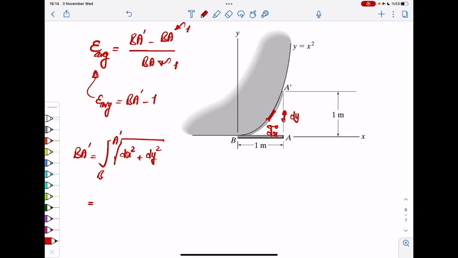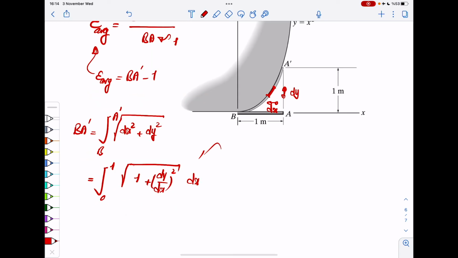So that basically means you can say it's integral from 0 to 1 of square root of 1 plus dy over dx squared, dx. Now this is your common integral. This is something you can do.